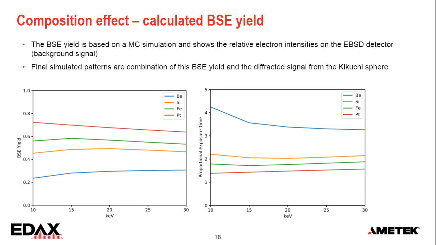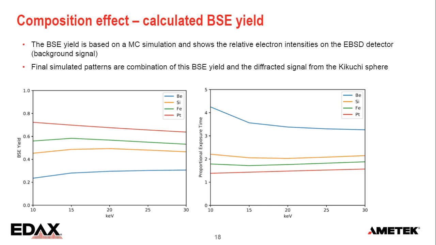That, of course, translates into increased exposure times. So on the right, it's effectively a flip of that same plot. So how long do we need to measure to get the same intensity? And then you can see that for beryllium, for example, you need about 3 times the exposure time as that we have for platinum under the same beam conditions.